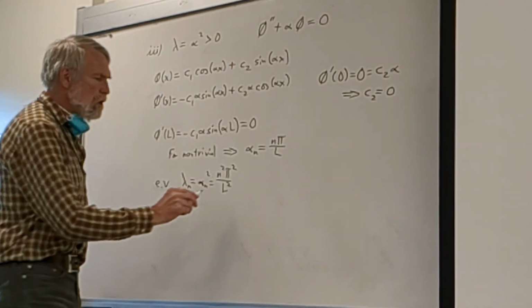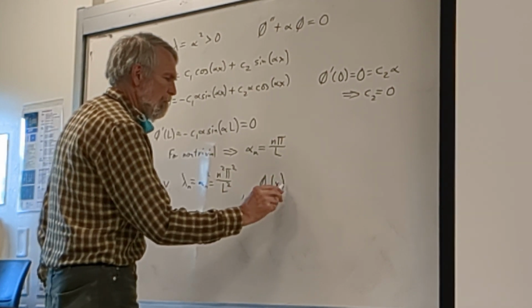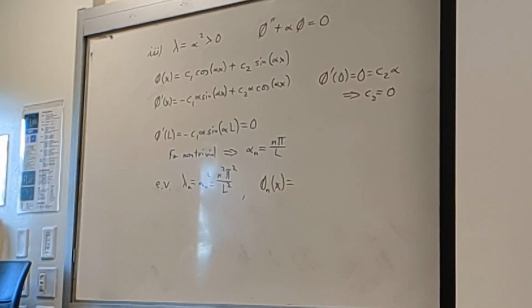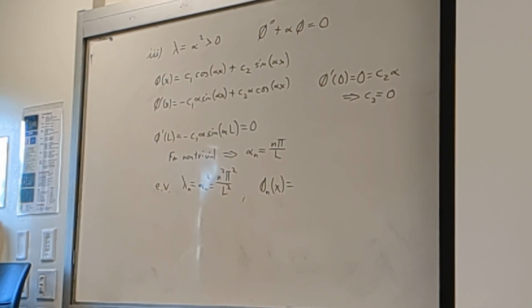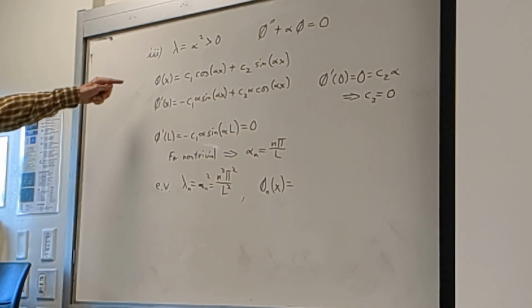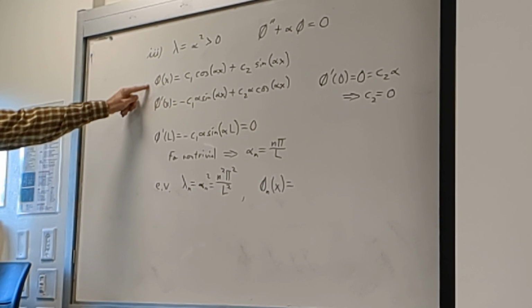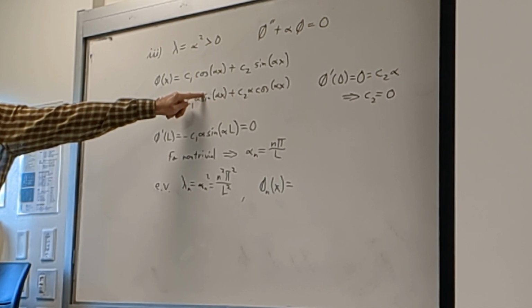And the eigenfunctions, what are our eigenfunctions in this case? Cosine. Why is it cosine? It's not because of the derivative, it's because coming back to the original phi, the non-zero constant is the C1, which is associated with cosine.